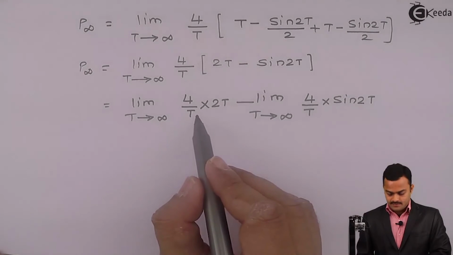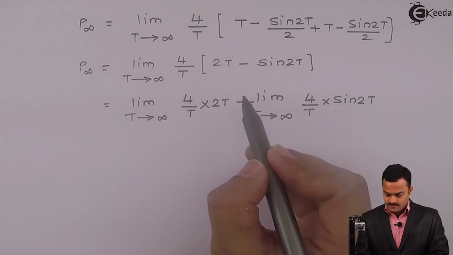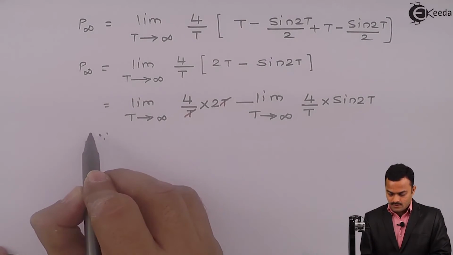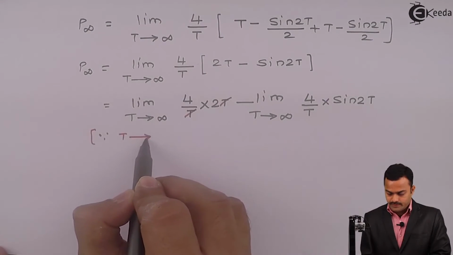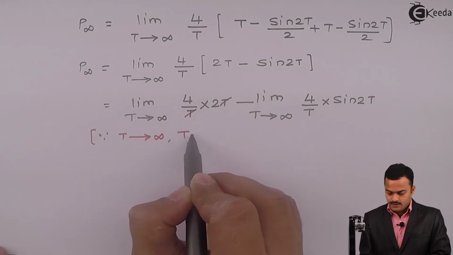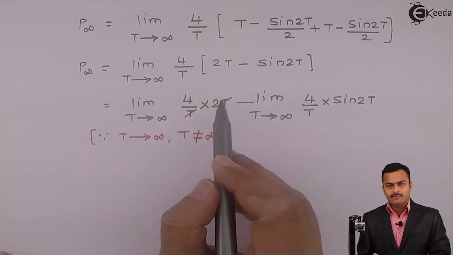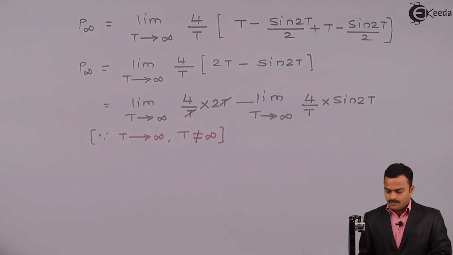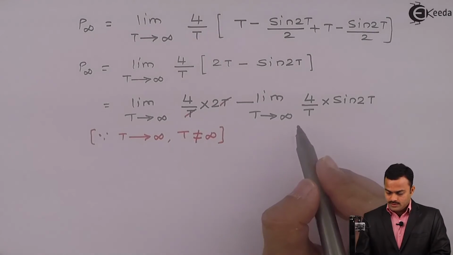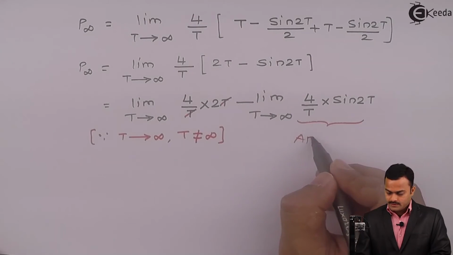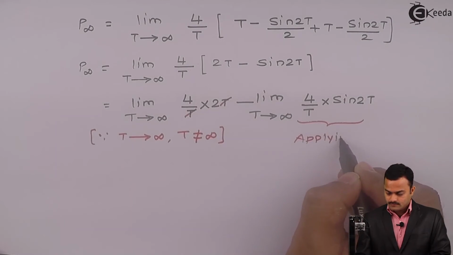Once again, same concept, we can cancel out this T because T tends to infinity, meaning T is not equal to infinity. The finite number can be cancelled out. But over here, there is no such provision. So for this limit, we are straight away applying the limit.